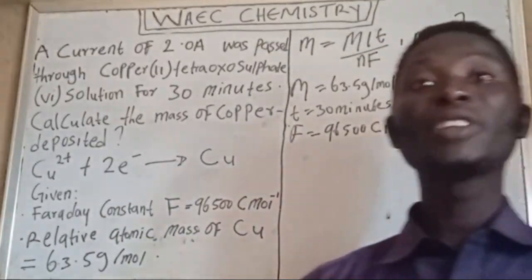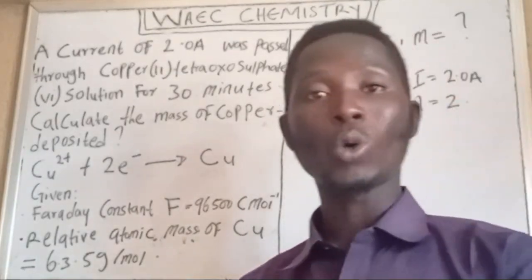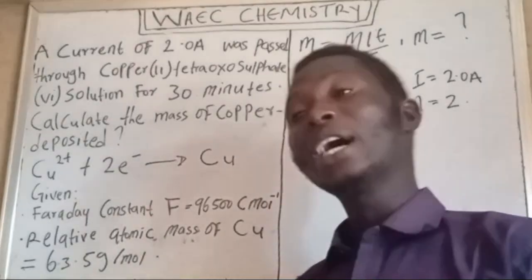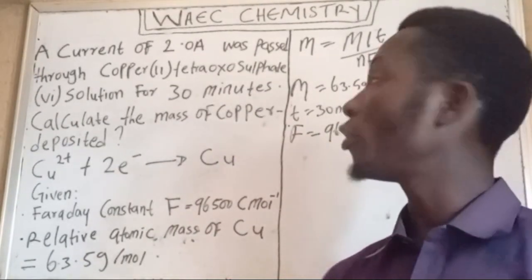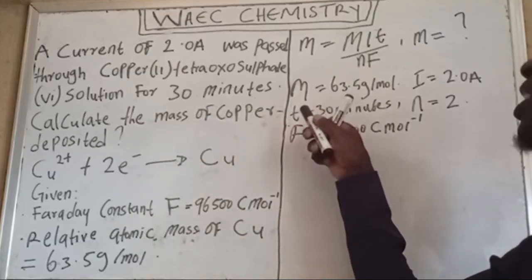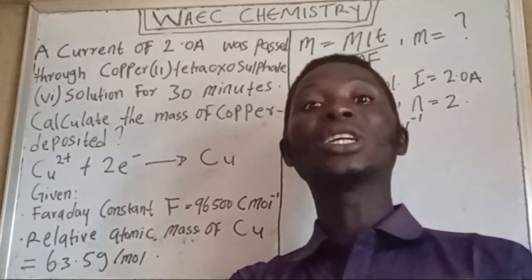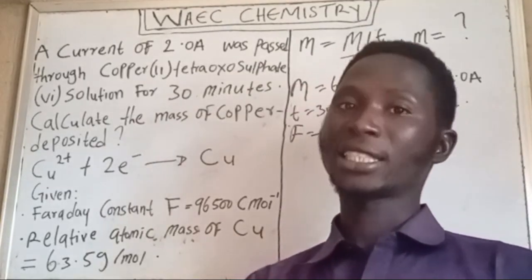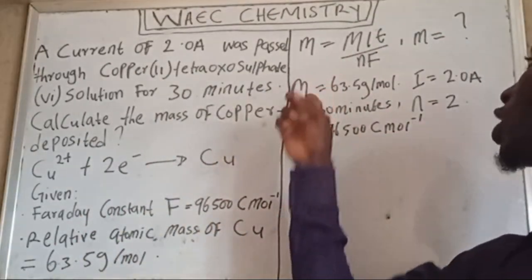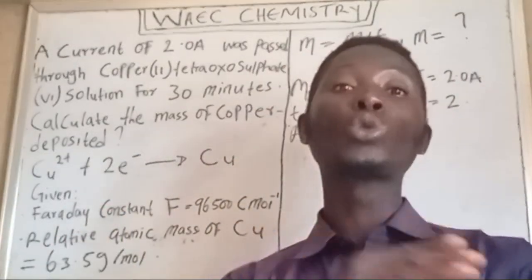So whenever they give you your time in minutes or in hours, you need to convert the time into seconds. Most students make the mistake of substituting the time in minutes or hours into the formula, and at the end it gives them the wrong final answer. Even the examiners, the markers, once they see that you used 30 minutes as time, automatically know that you don't know what you are doing.